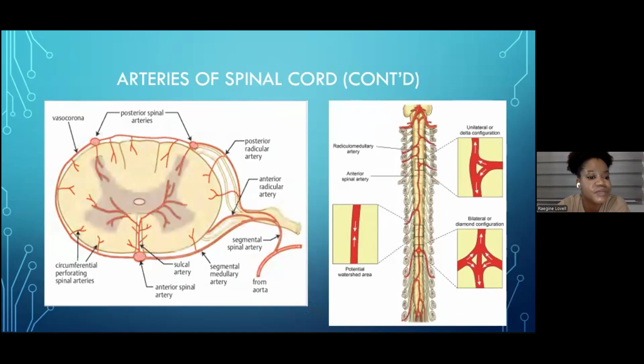Opposite to the anterior spinal artery, the posterior spinal arteries are paired. So there are two posterior spinal arteries, fed by 10 to 23 radicular branches. Anastomotic vessels between the anterior and posterior spinal arteries are called vasocorona. Of note, as you can see on the image on the right, the mid-thoracic region has a tenuous vascular supply known as the watershed zone.